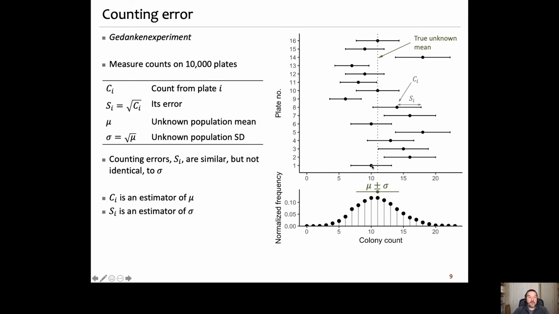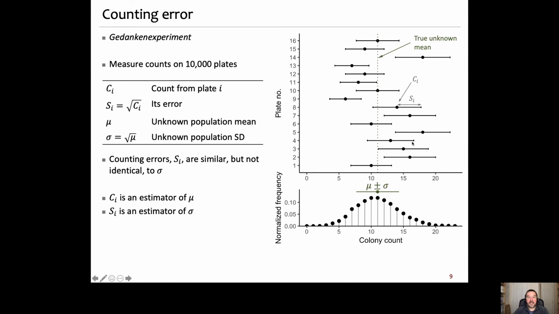When we do one particular experiment, we are trying to estimate the parameter of this distribution, mu. So C_i, each count from different experiments, is an estimator of the population mean, mu. Or S_i, the square root of the count, is an estimator of the width of this entire distribution.